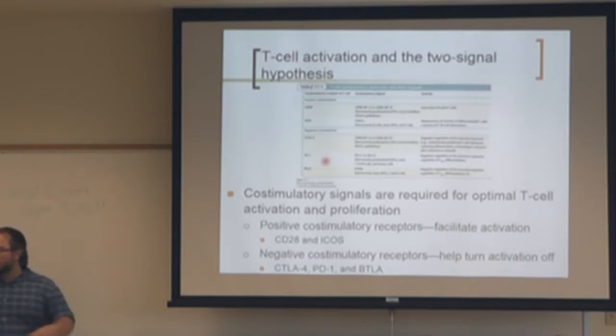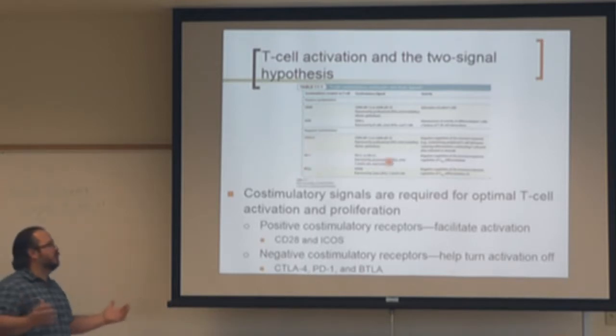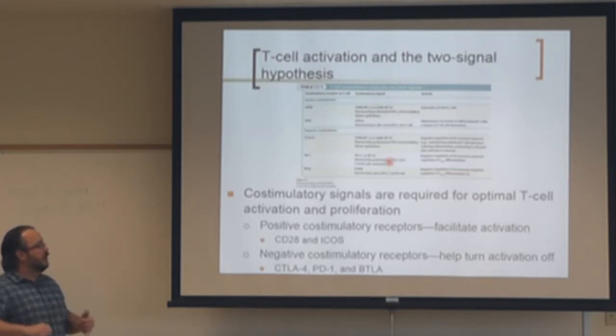This is another thing that we evolved to have, these negative co-stimulatory molecules, in large part to prevent autoimmune disease, to prevent too much T cell activation, because we don't want to let them just go forever. But then other systems, bacteria and viruses, have learned to induce these negative co-stimulatory molecules. So that's important to know and understand.